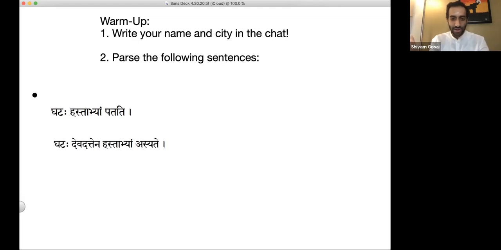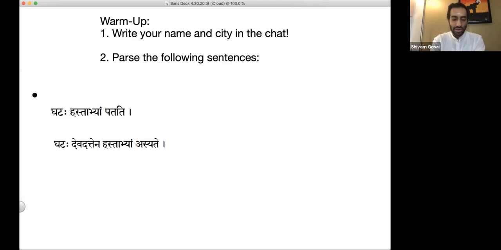Okay. Do we want to say the pot falls from the hand or the pot is fallen from the hand? Let's take karmani prayoga. So we said it's as dhatu 4a, lat lakaraha, karmani prayoga, prathama purusha, ekavachanam, third one.